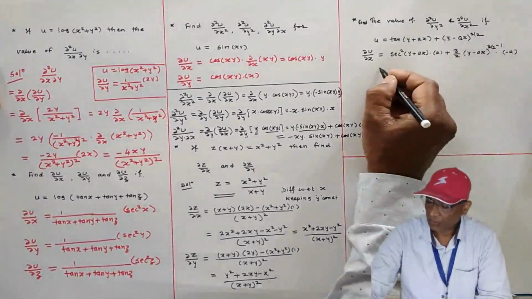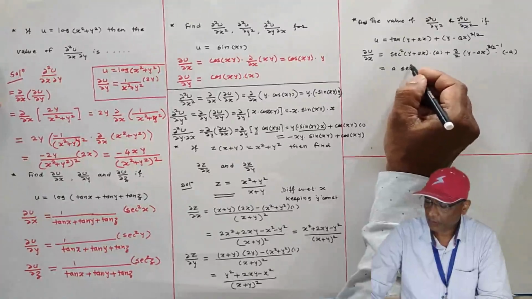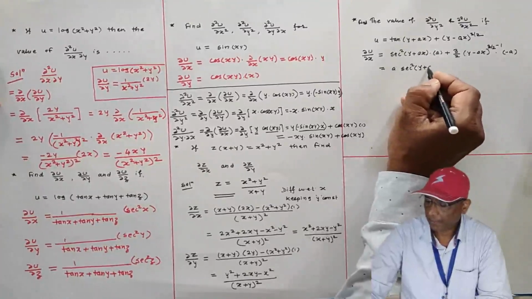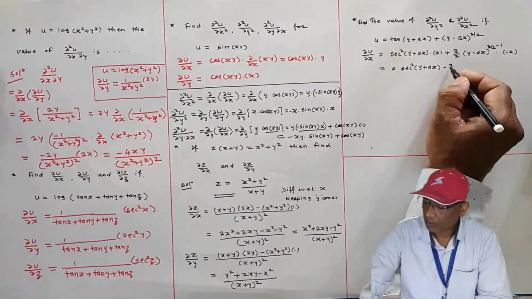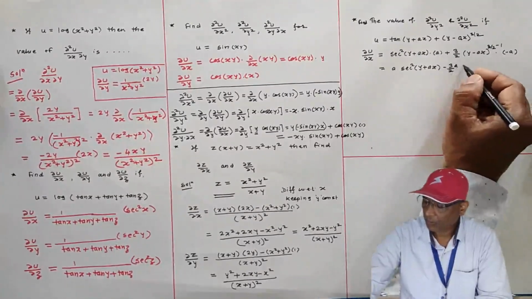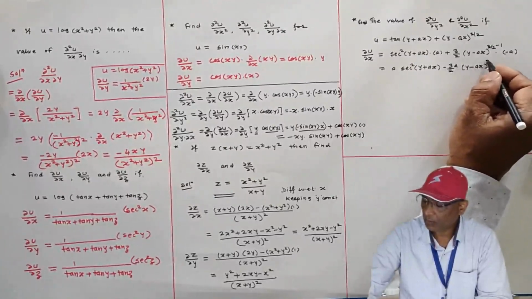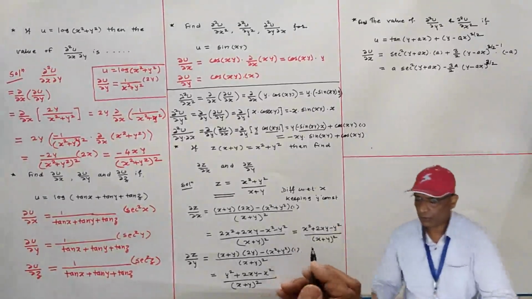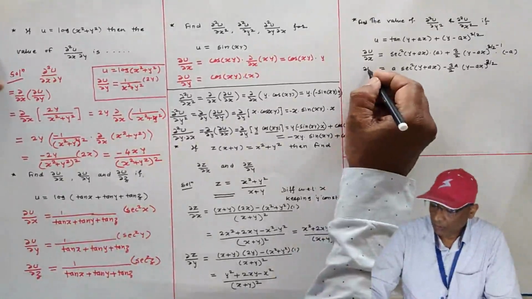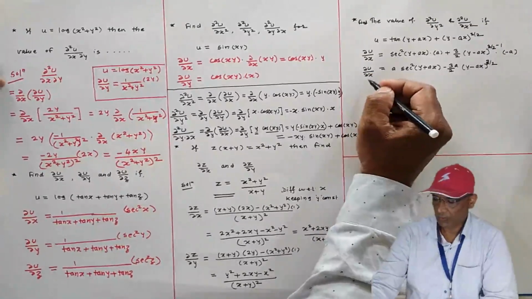Now try to simplify for one more step. a sec square of y plus ax, minus 3 by 2 a into y minus ax power 1 by 2. Okay, now what I am going to do? I am going to take the derivative of this once again because I want del 2 u by del x square.